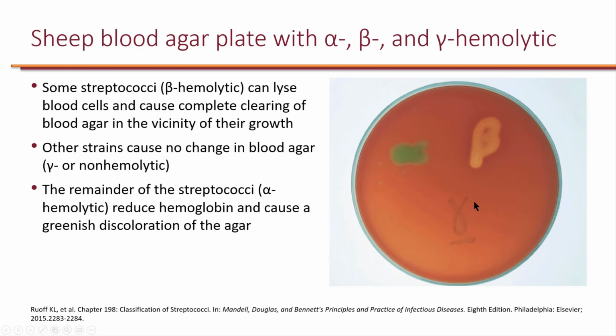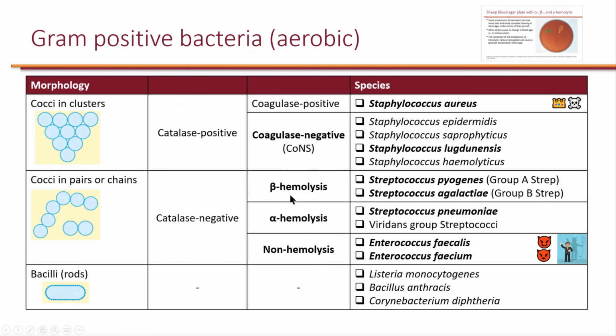And then there is a third group that don't really do anything to the blood, and these are referred to as non-hemolytic because they didn't break it down. So essentially that's how we group these: beta hemolytic strep, alpha hemolytic strep, and non-hemolytic.